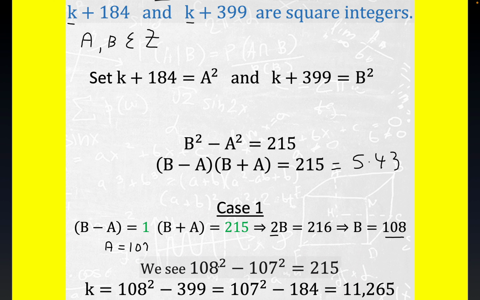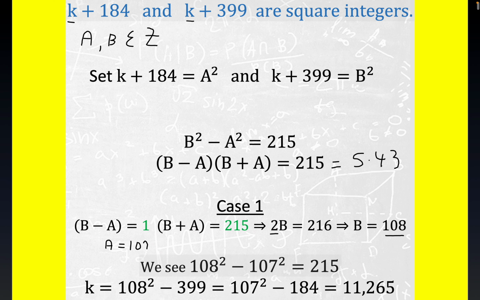So we see that 108 squared minus 107 squared is equal to 215 without even knowing what 108 squared is. That's kind of nice. The algebra scales things down for you. A lot of people probably reach for their calculators, but it's guaranteed to be true just based on these factoring results.